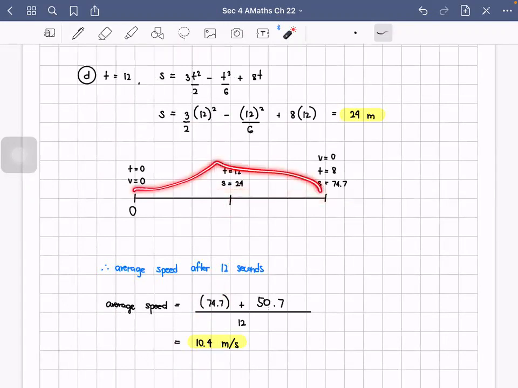So this one plus this one is your total distance. So 74.7 plus 50.7, divided by 12 because it's over 12 seconds. That's your answer: 10.4 meters per second.